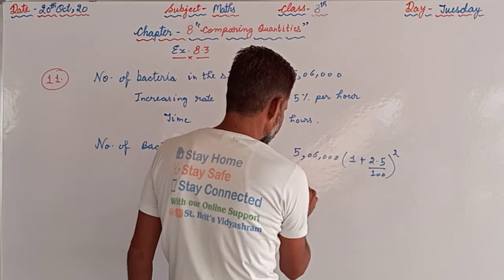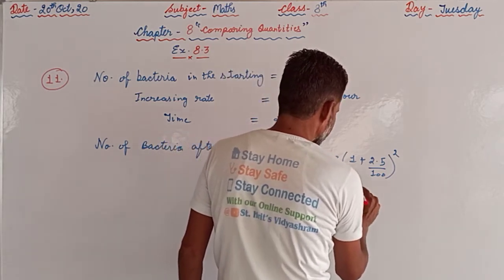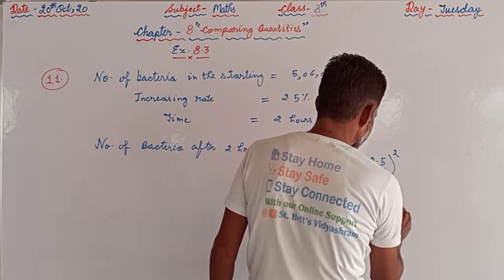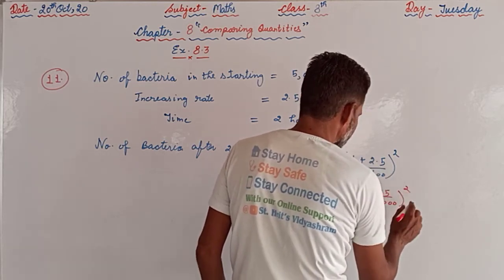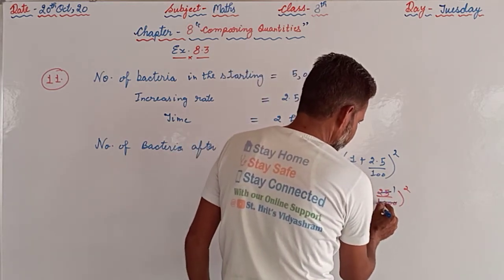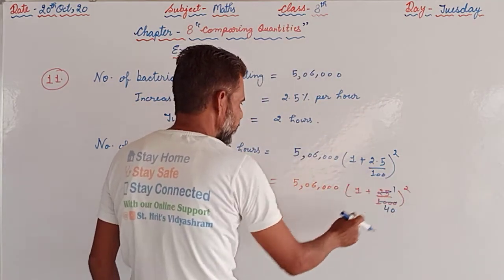So we can write like this: 5 lakh 6,000, and we can remove the decimal by putting an extra 0 downwards, so that we can cancel out. 25 1 25, 25 4 100, 40, 40 1 40, 40 plus 1 41.